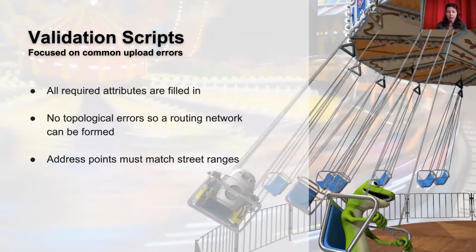I created these additional scripts to validate topology rules that ArcMap doesn't manage quite as well as we need for correct routing networks within FDM. And I also ensured that all address points where a call could originate from are accounted for in the street ranges.